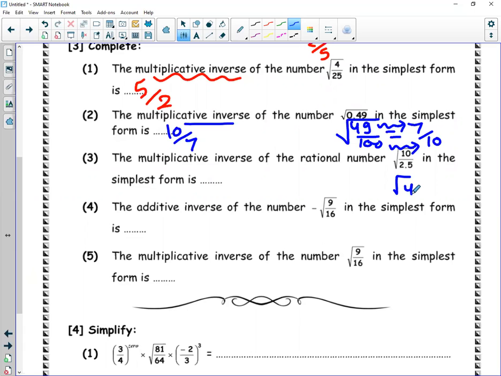If you're using the calculator to find the answer of 10 divided by 2.5, it will be equal 4. The root of 4 equals 2. To find the multiplicative inverse of 2, the answer will be 1/2. Okay?